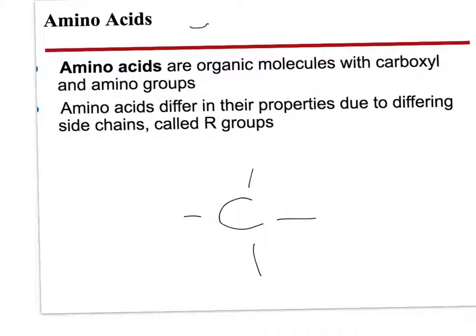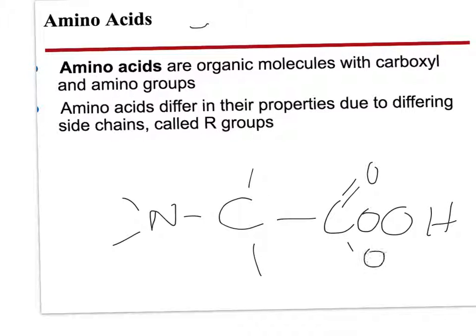Every amino acid has one end, which is an amine group, and the other end, which is a carboxy group. So an amine group means what? You remember? NH2. Carboxy group means what? COOH. So that's also C double bond O, OH. Same thing.